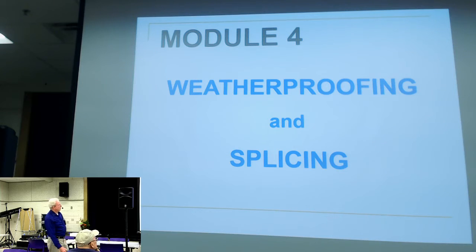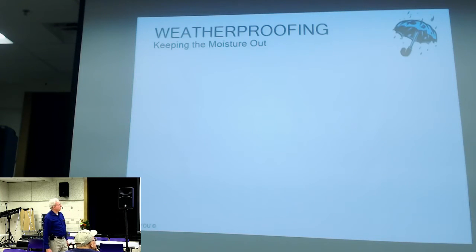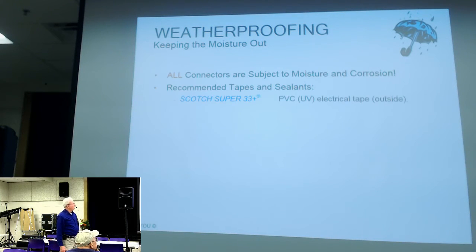Okay, last subject, guys: waterproofing and splicing. Scotch 33, remember that? We all used Scotch 33 up until about 20 years ago. It's UV resistant, good stuff. When you take it off after a few years, it's sticky and gets all over your pants. We've got Scotch 35.